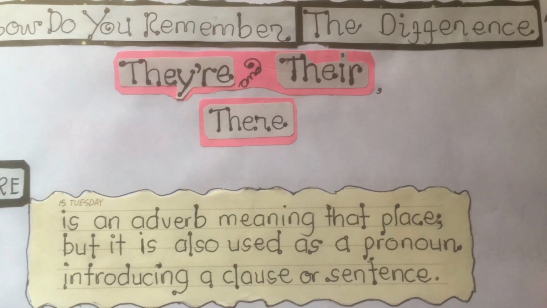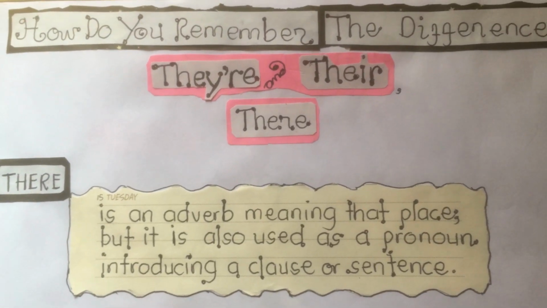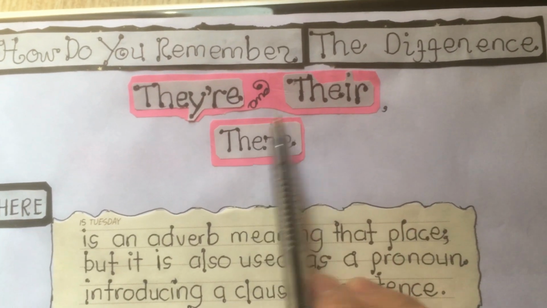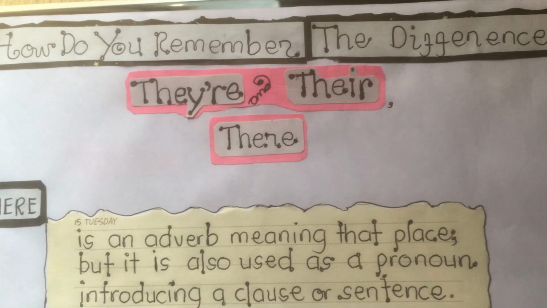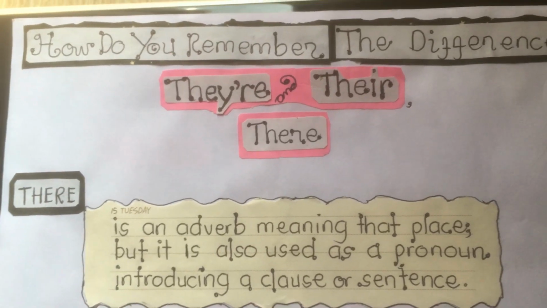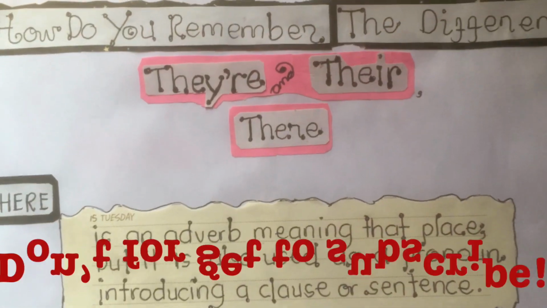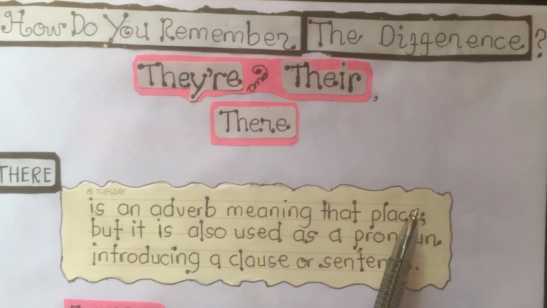Good morning everyone, good morning class. We're going to discuss today how to remember the difference between there, their, and they're. Although these are confusing words because they sound similar, remember, their definitions, meanings and spellings are different.